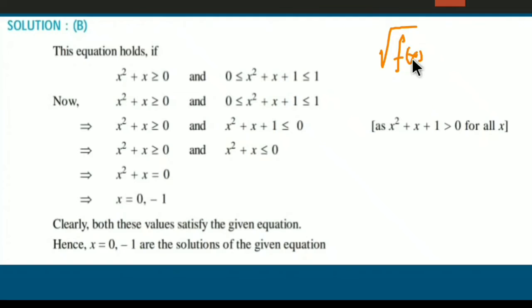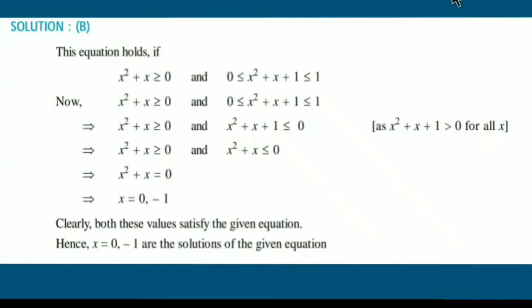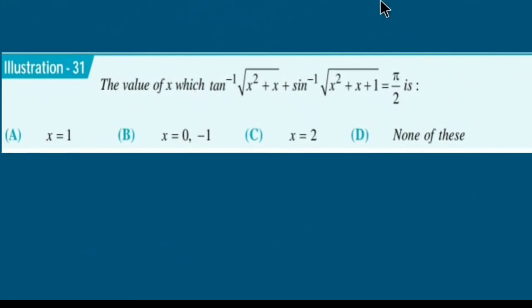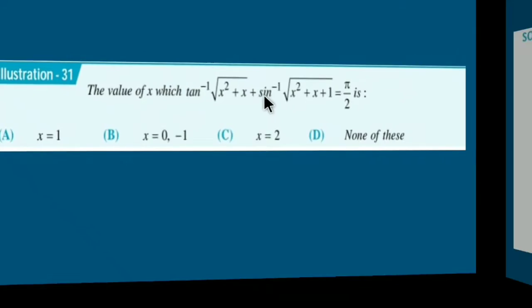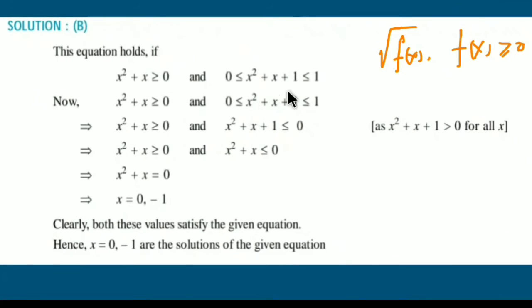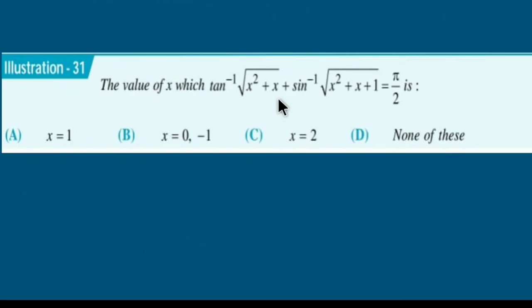For under root of f(x), f(x) should be greater than or equal to 0. So on the left side, the under root part has to be greater than or equal to 0, and on the other side, this part also has to be greater than or equal to 0.